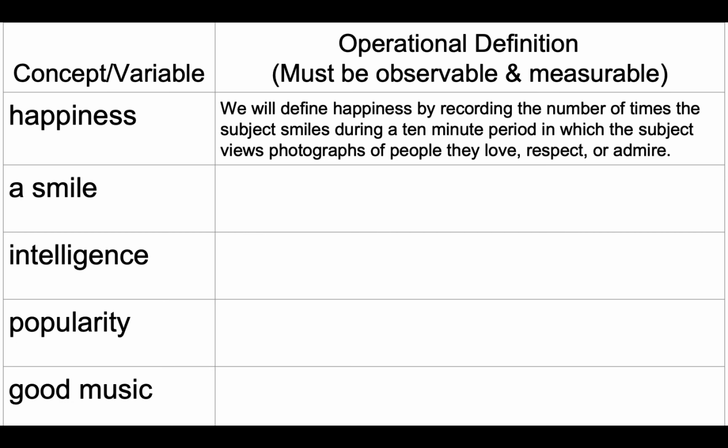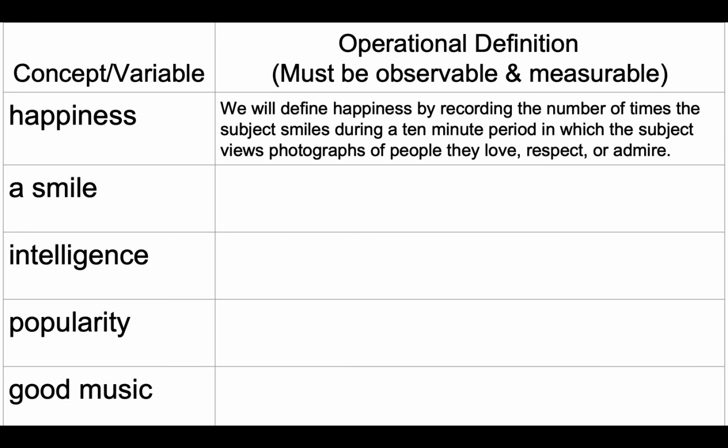Okay, so happiness is up on top there, number 1. And we are going to operationally define happiness by recording the number of times that the subject smiles during a 10-minute time period while spending that time with someone they reported to feel love, admiration, and respect for.